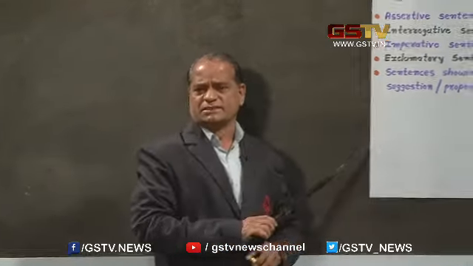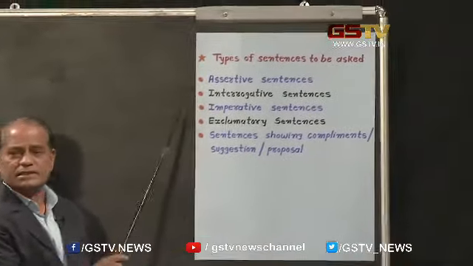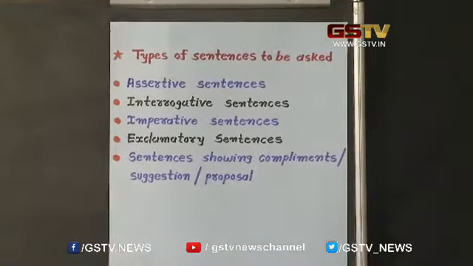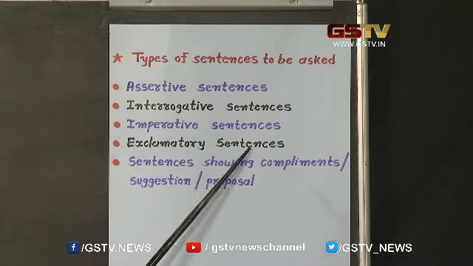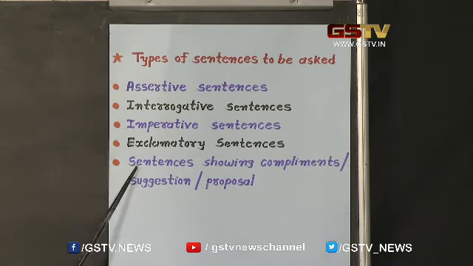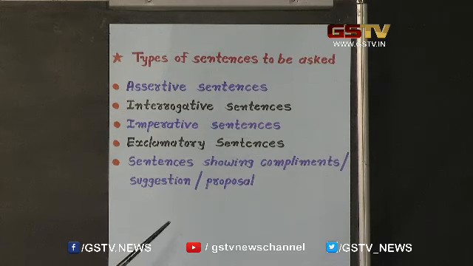You have learned almost all the important points to change direct speech into indirect speech. We have to discuss some more points. So, please listen. Now, the question arises, what types of sentences are asked in this question? Sentences like assertive sentences, interrogative sentences, imperative sentences, exclamatory sentences, and sentences showing compliments, suggestion, proposal, optative sentences.